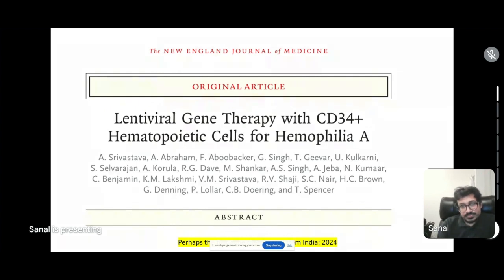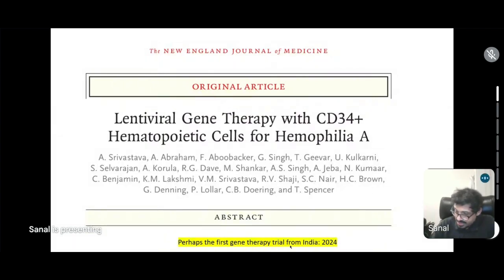And now, this year, we saw the first successful gene therapy trial from India. It was carried out at CMC Vellore. Congrats to Alok Srivastava and his team. So what they have done is that from the circulating blood, they isolated circulating CD34 positive hematopoietic stem cells.